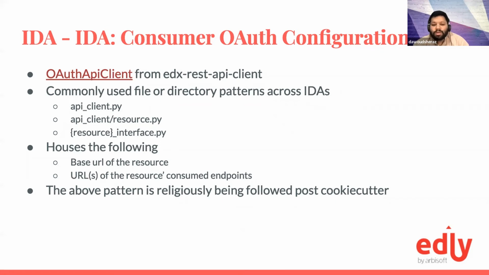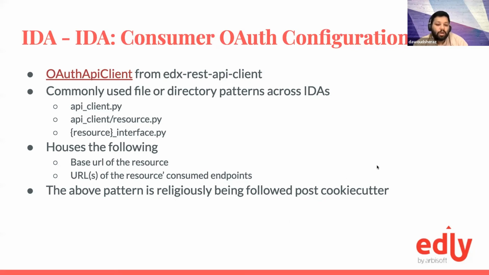With respect to the common directory pattern, like discussed in the previous section, in the core app, you'll find the API client.py or API client directory, and it will contain many resource.py files. Resource here is referring to an IDA name. So it can be lms.py, discovery.py, ecommerce.py, etc. Or lastly, resource_interface.py.